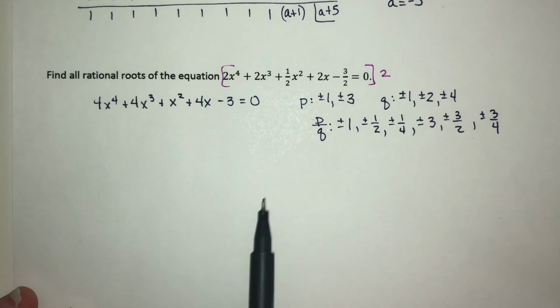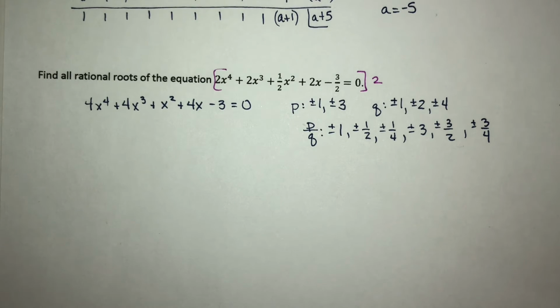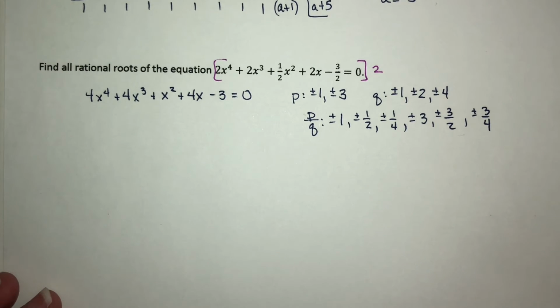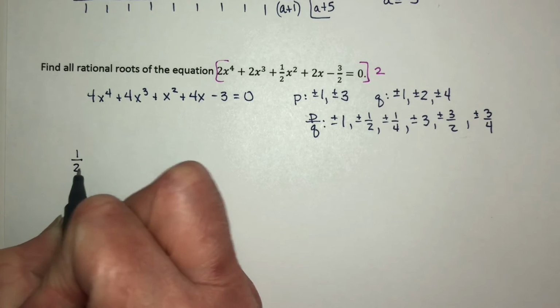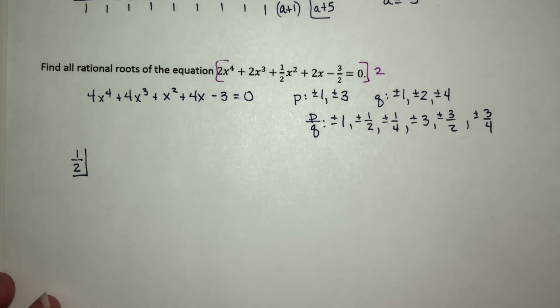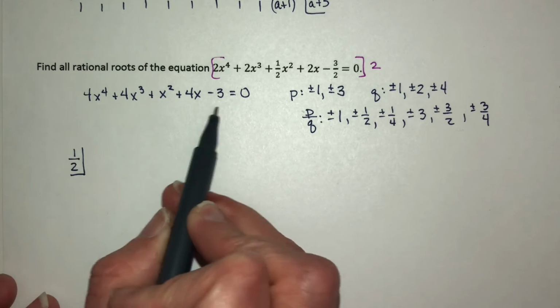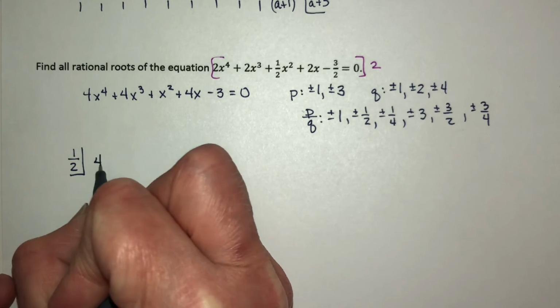Okay. This was the main point of this problem, so I'm going to make some good guesses since I have the right answer here, just to make this go a little bit faster. So I'm going to check 1/2. Okay, 1/2, I need to use these coefficients when I set up my synthetic division, and every term is there, so I'm good.